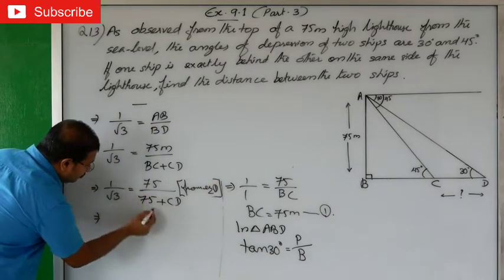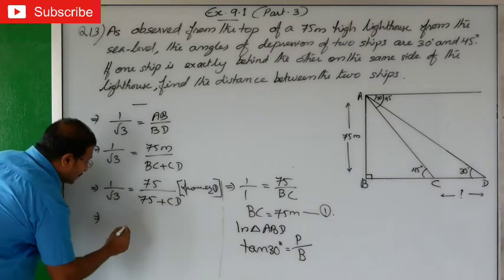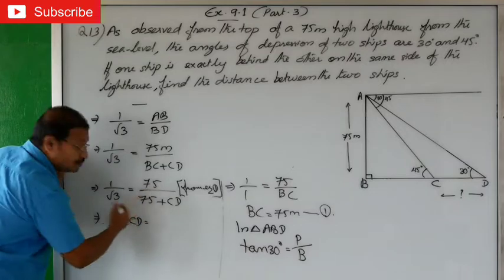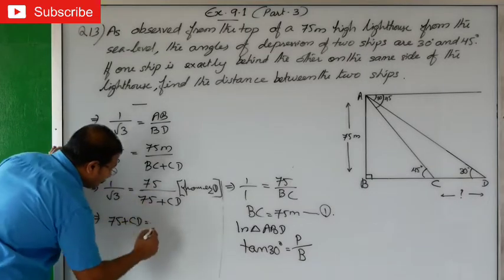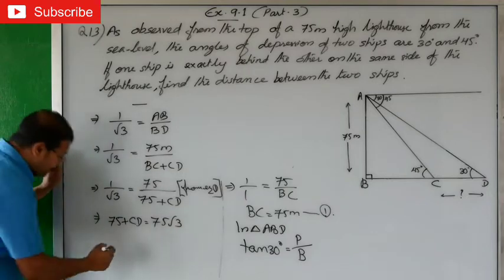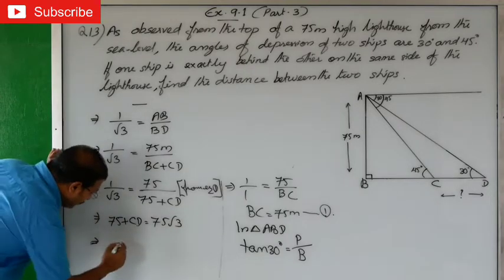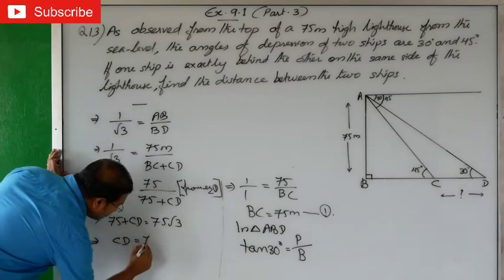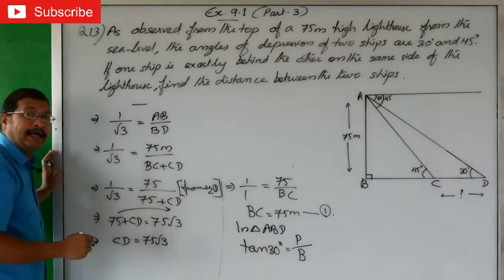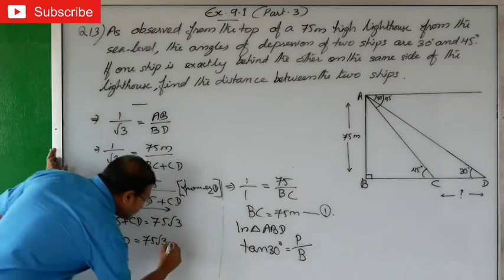That means 1 into 75 plus CD means 75 plus CD equals root 3 into 75, that means 75 root 3. Ready? Implies, now we want CD. So CD equals 75 root 3. This plus 75 will go to the next side. It will be minus 75.